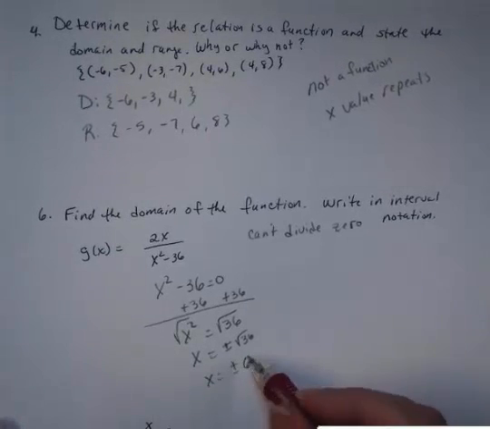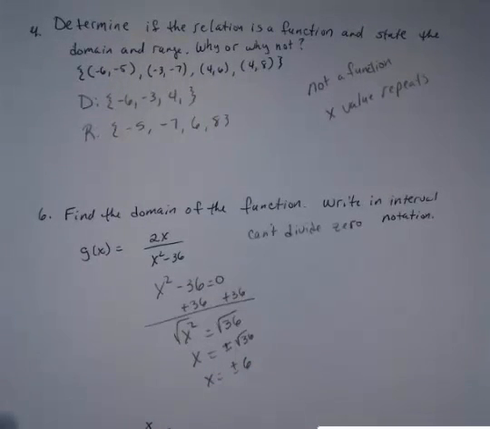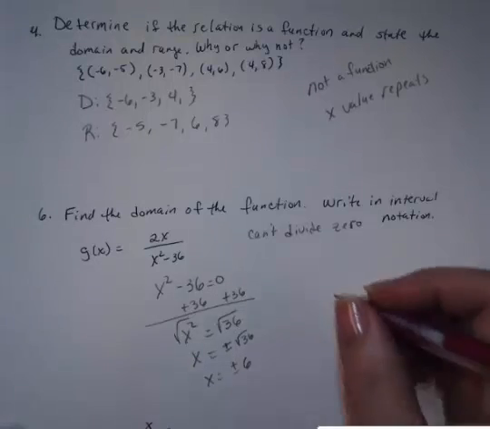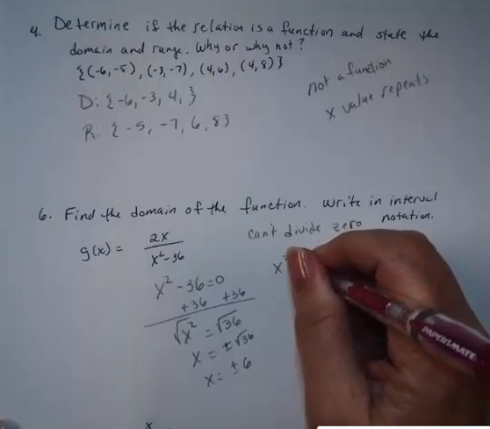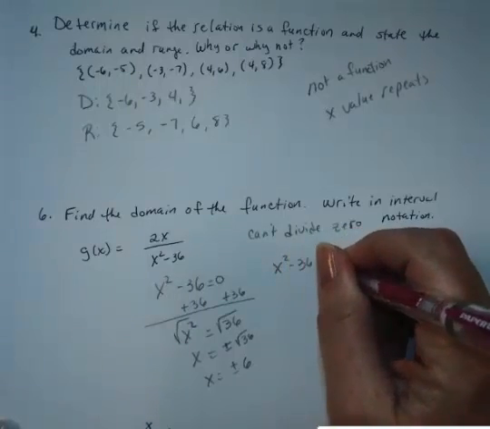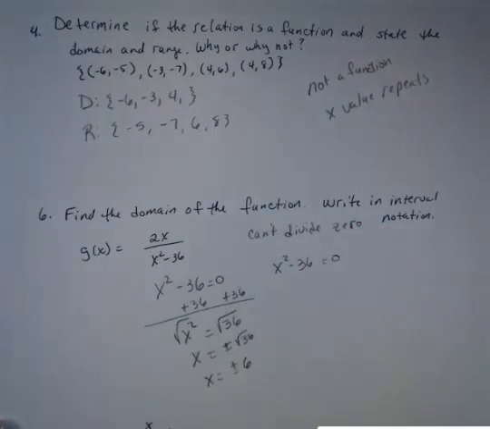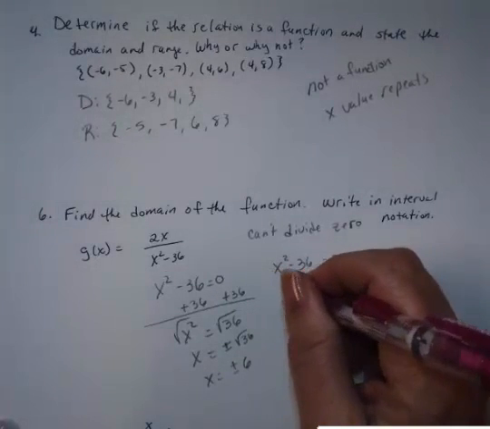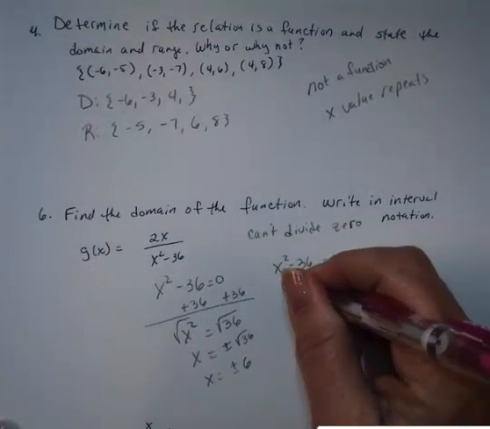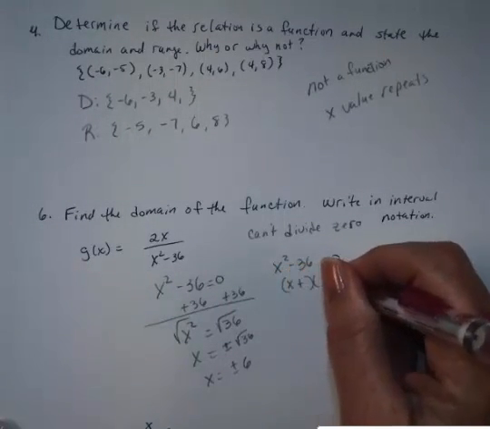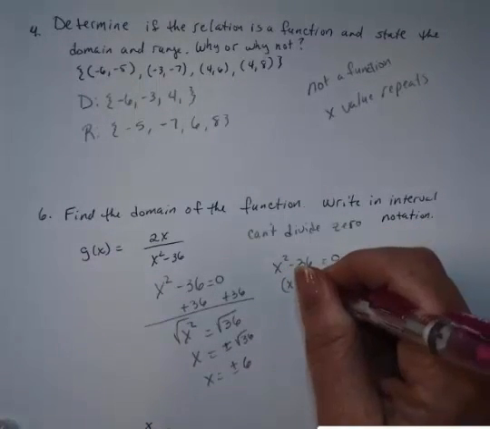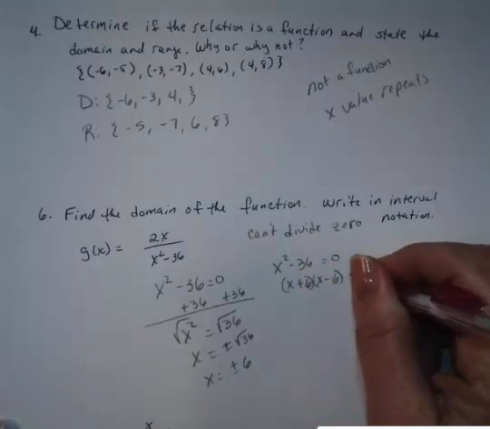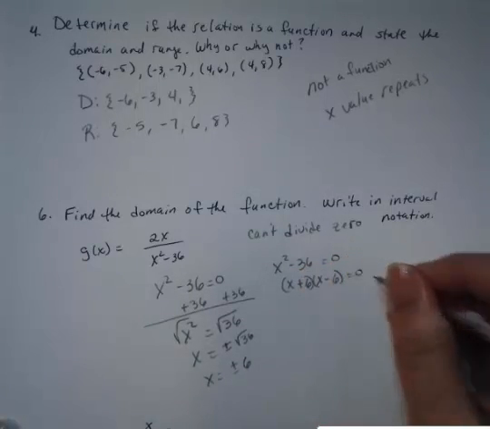These are the values that will cause us to divide by 0. Another way you could have solved this is you could have set it equal to 0, and you can see that this is the difference of squares, and you could factor it. Either way is a correct way to go. Remember, with difference of squares, it's the same thing with the plus or minus. So x plus 6 and x minus 6 is equal to 0.